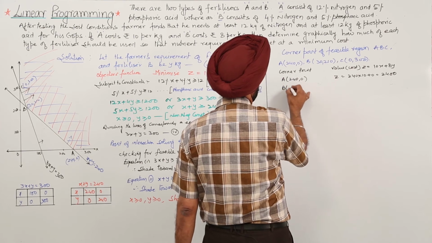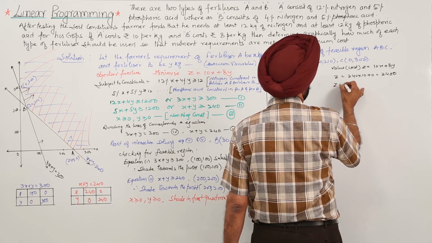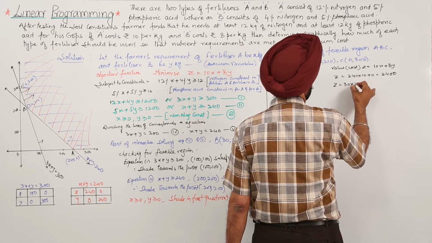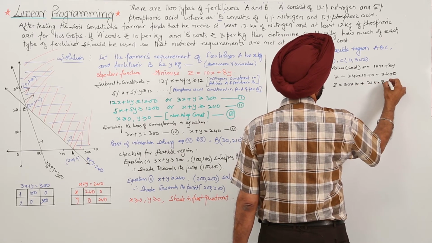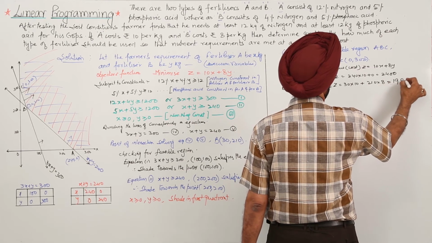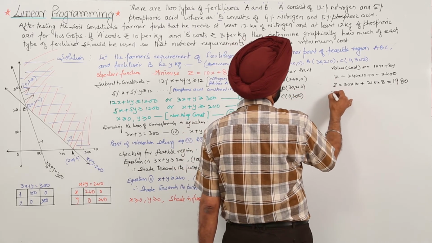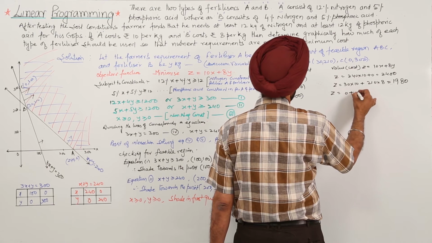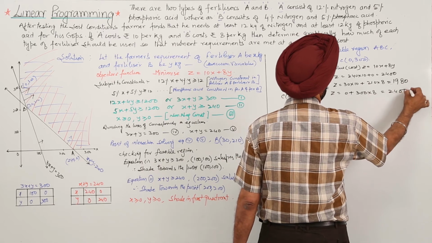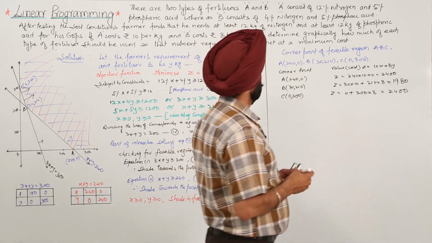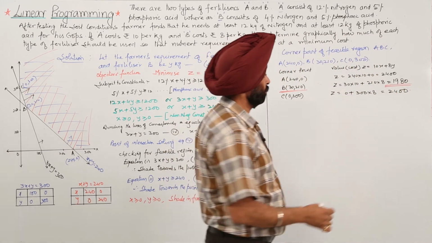Then B, 30 comma 210, z is equal to 30 with 10 plus 210 with 8, and this is equal to 1980. 0 comma 300, z is equal to 0 plus 300 with 8, this again is 2400. So we are having minimum value. This is the minimum.